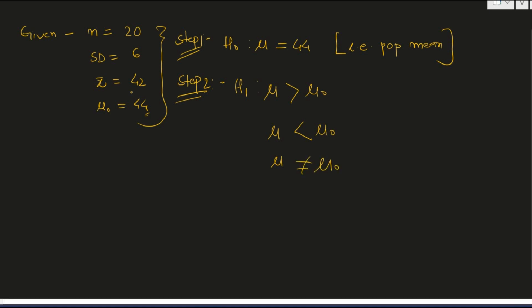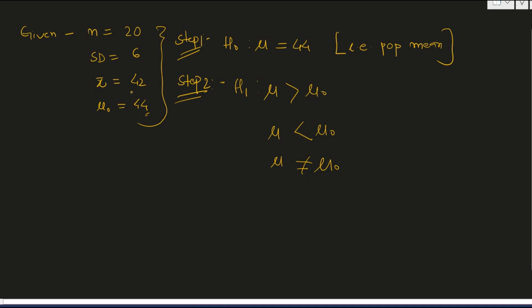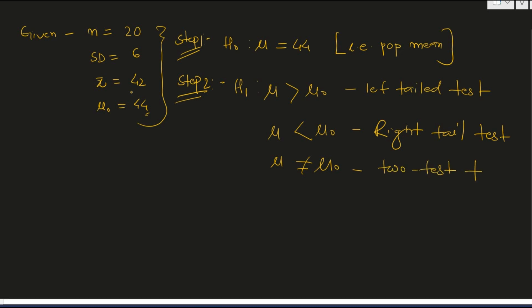These are the three different conditions for one tail and two tail tests. This is the left tail test, this is the right tail test, and this is the two tail test.